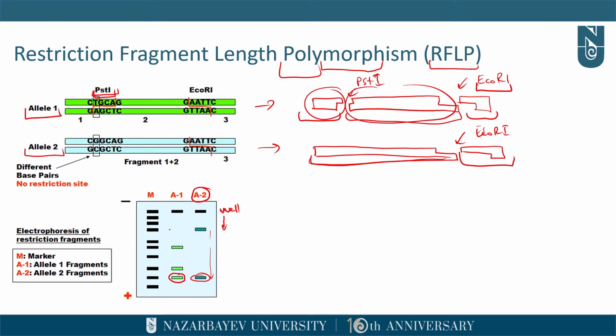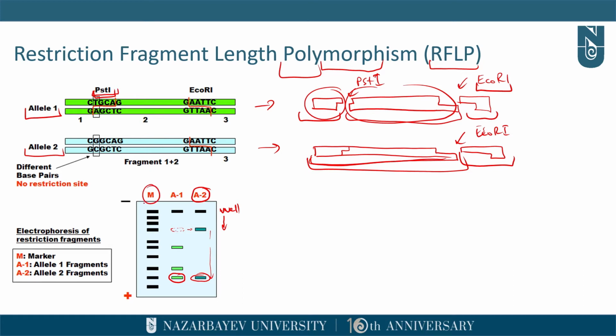So if you imagine the band here, it will be the same band as this long piece, but because we have the cut somewhere here on allele 1, it will create 2 smaller fragments, and this is the polymorphism, or different fragmentation of the genes.